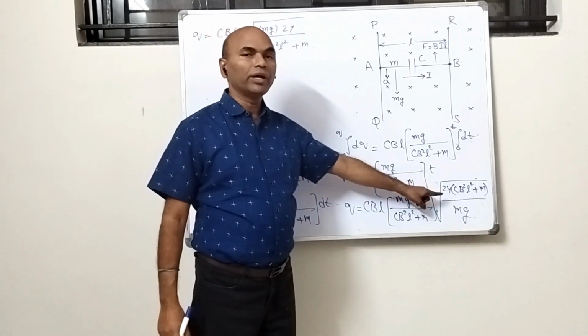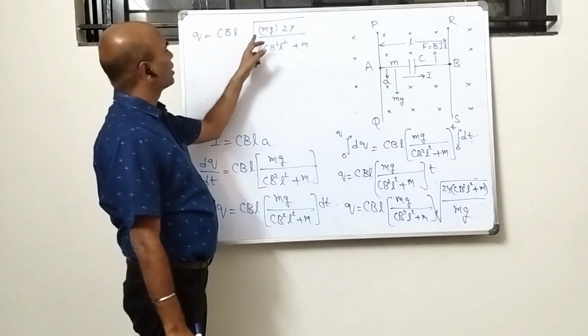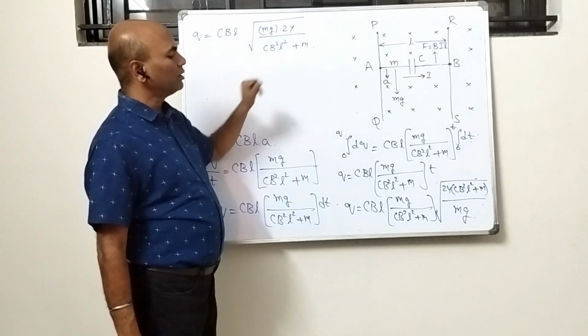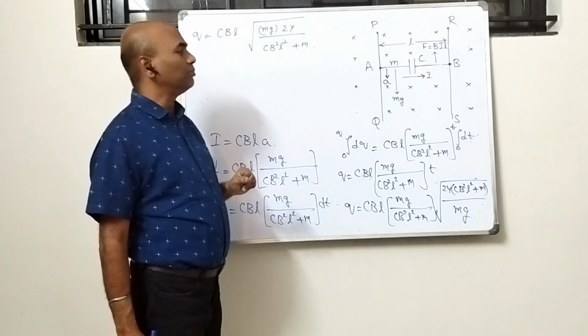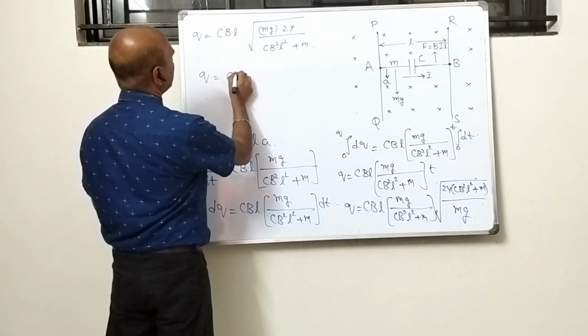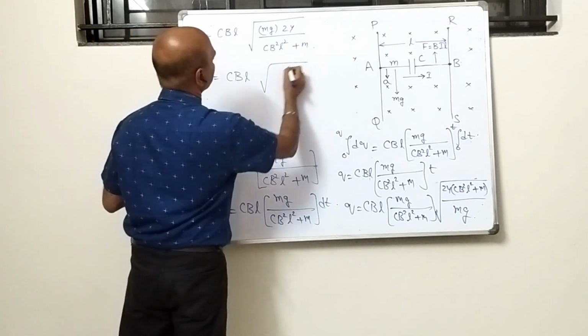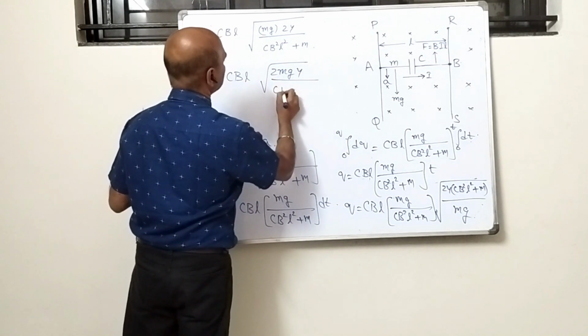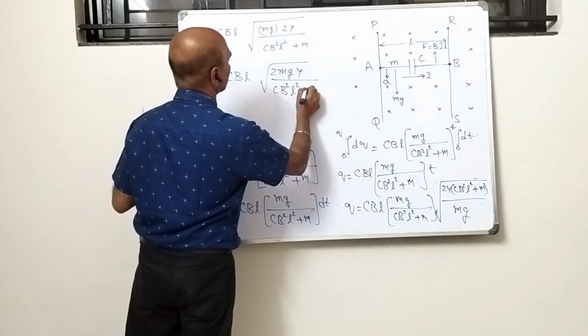And 2y is as it is. So mg into 2y by the denominator CB square L square plus m. Finally the charge q is CBL root of 2mgy by CB square L square plus m.